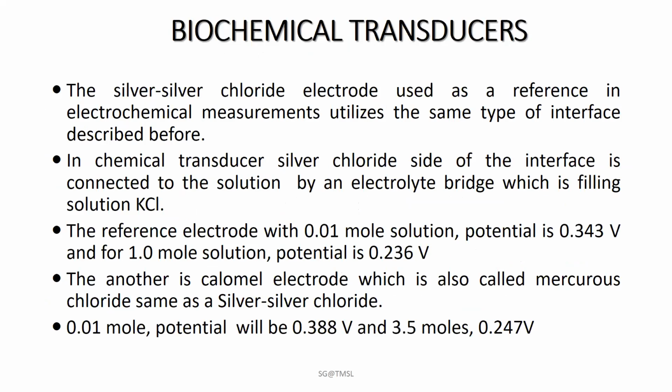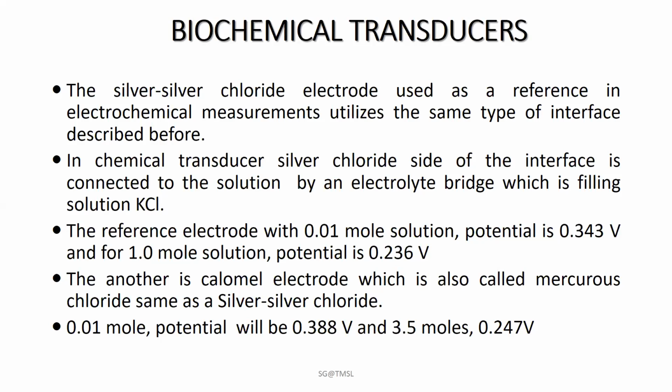With a 0.01 mole solution, the potential will be 0.388 volt, for 3.5 moles it will be 0.343 volt, and for 1 mole of solution the potential will be 0.236 volt.